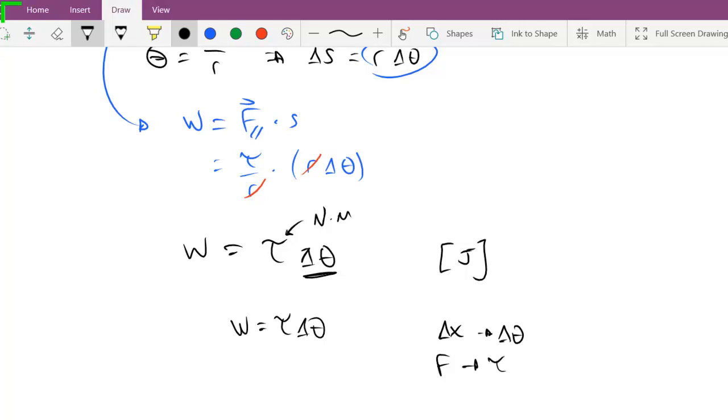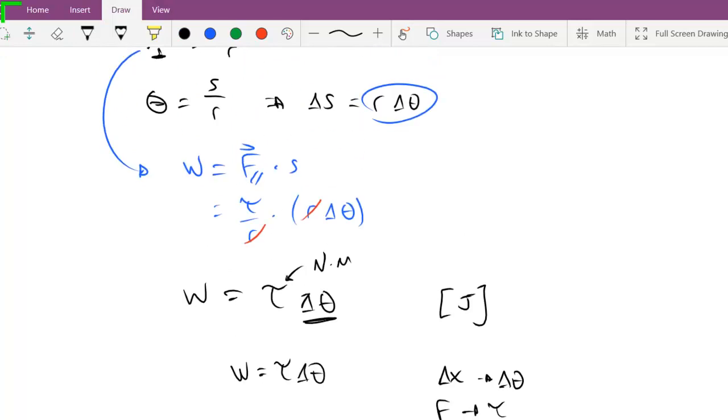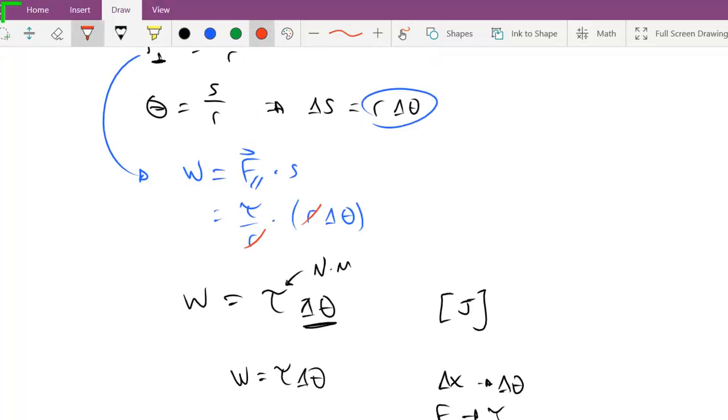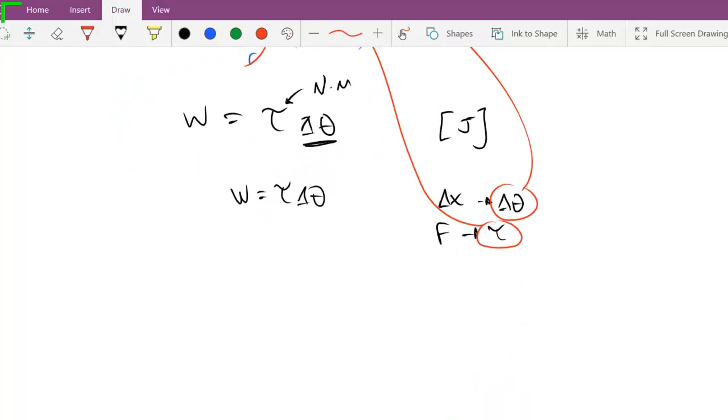If I then just make these replacements in our definition of work, we can see that delta theta takes the place of S, and tau takes the place of F parallel, and this is the work in rotation, and the units are joules.